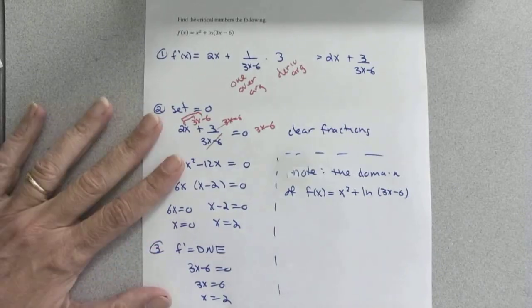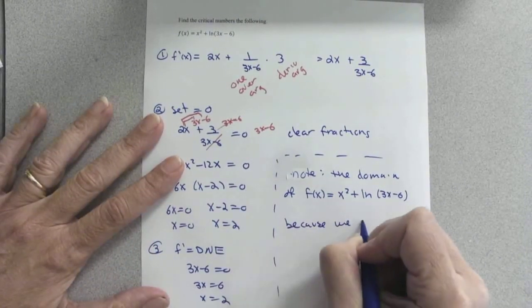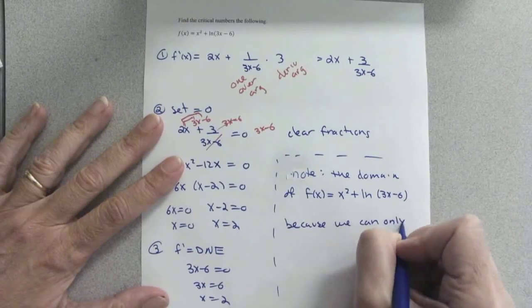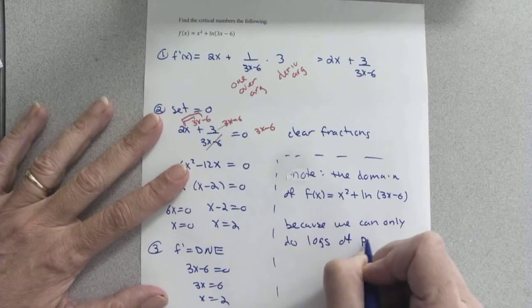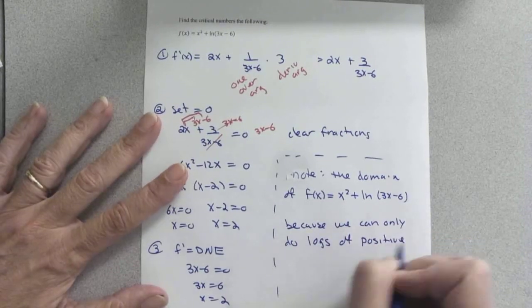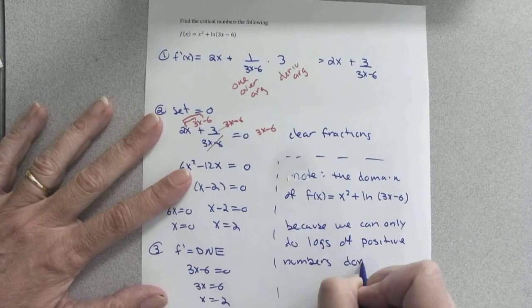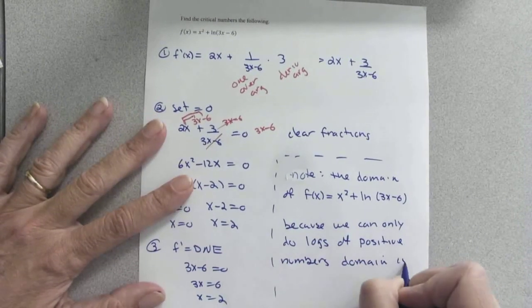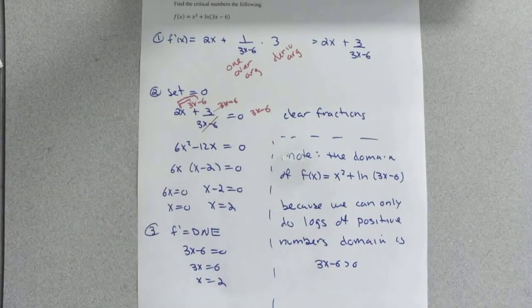The domain here, because we can only do logs of positive numbers, is what I get when the inside of my logarithm is positive, when it's greater than 0.